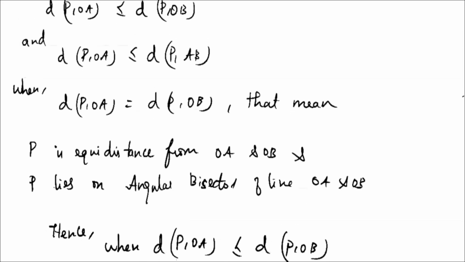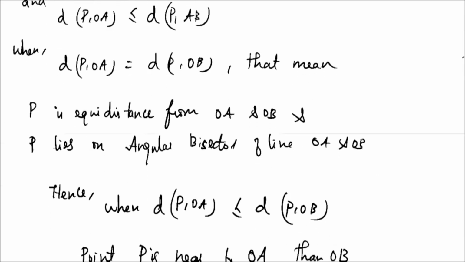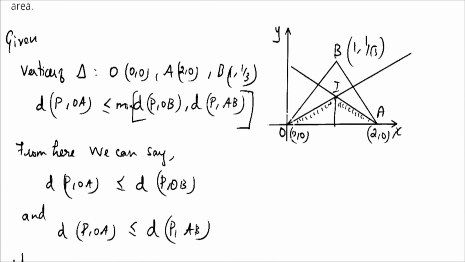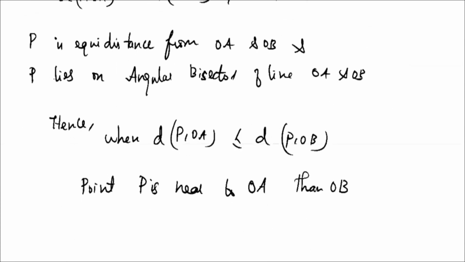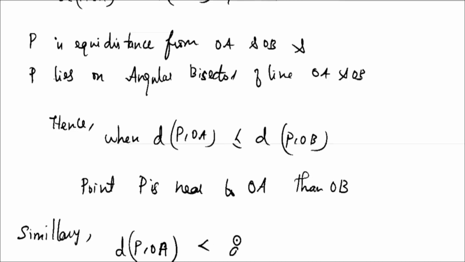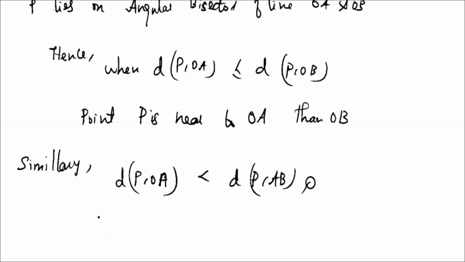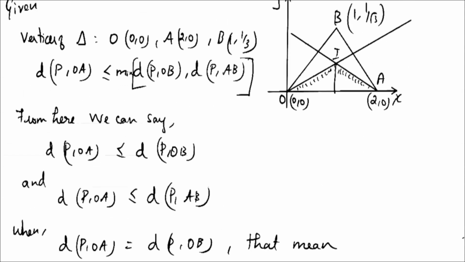Similarly, d(P, OA) is less than d(P, AB). Therefore P is nearer to OA than OB.